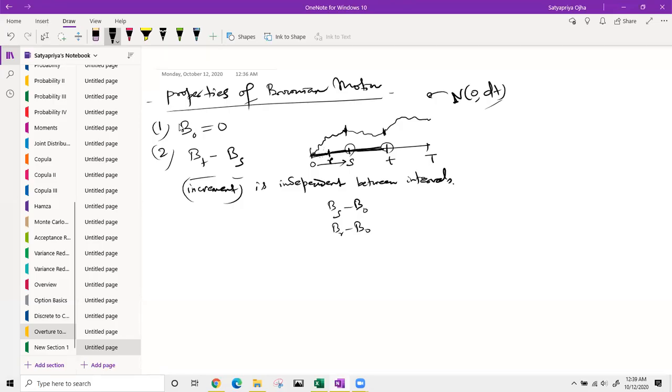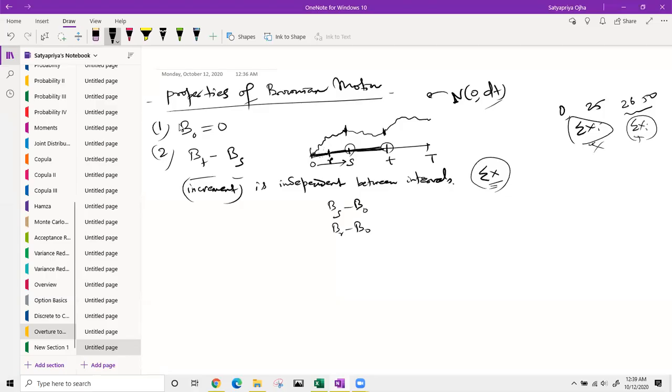And at the back of your head, think of these independent x that we are doing in discrete, correct? These were all independent, right? So from step 0 to step 25, how much of x you added? This whole thing is independent from 26 to 50, correct? Sum of x. This thing is totally independent of this.